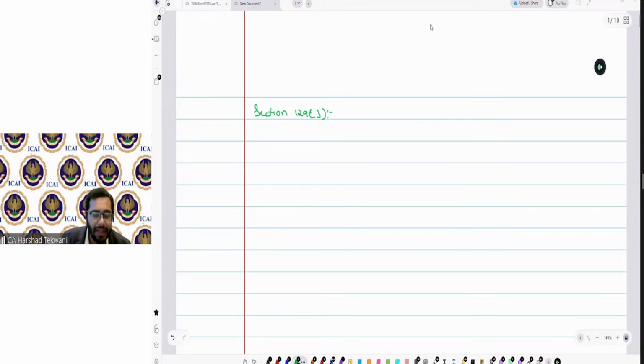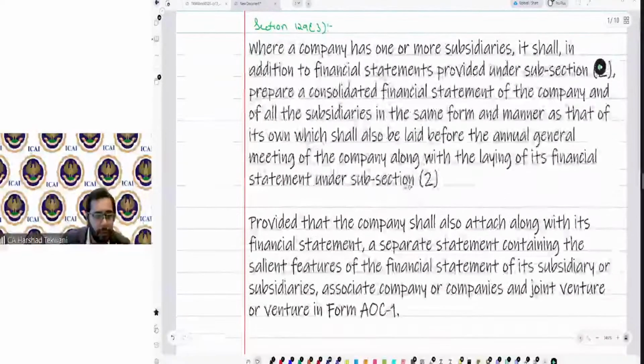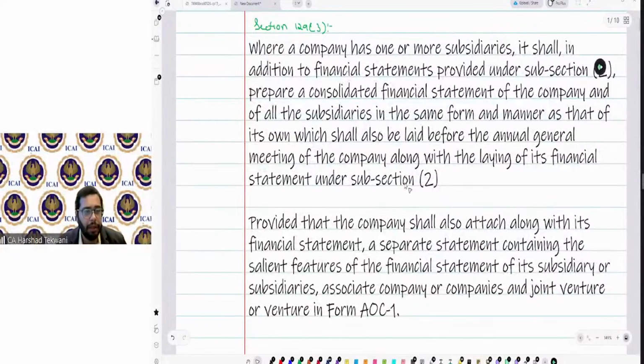And the manner and everything has already been prescribed under the Companies Act itself. What it says is that the manner shall be the same as that in which the separate financial statement is prepared, and it shall be laid before the annual general meeting of the company along with its financial statement under subsection 2.